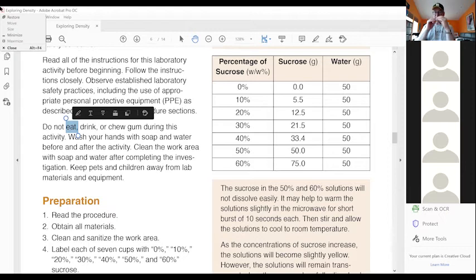Because then the total mass will be 55.5, and then we'll have 5.5 divided by 55.5, and that's pretty close to 10%. So that's why we have the little bit extra, because the percent of sucrose is the percent of the total mass, not related to the mass of water, but the total mass. So we need to add a little bit extra to make up for that difference, okay?